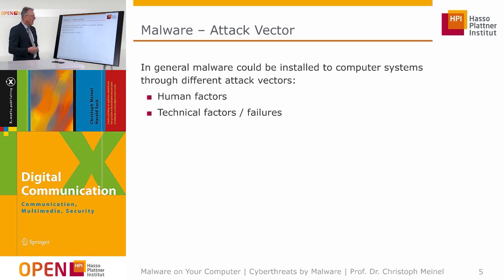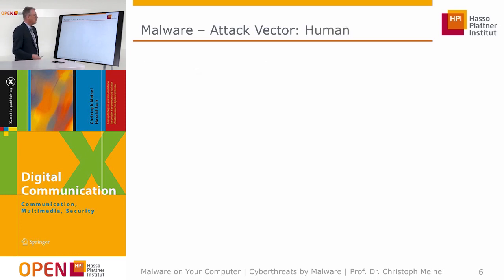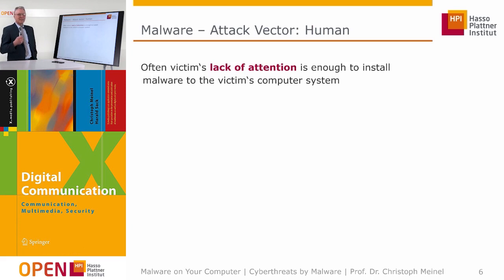Or technical factors: technical failures can be misused, so that the malware is installed on the user's system, and then it becomes easy for the attacker. So the attack here is how to get this malware installed on the user system. Let's discuss this attack vector human, the user.